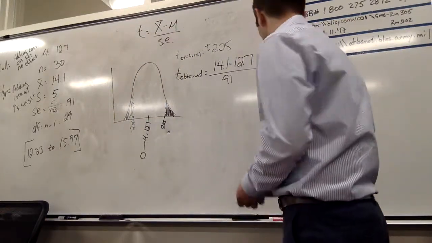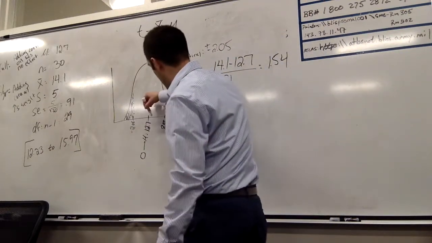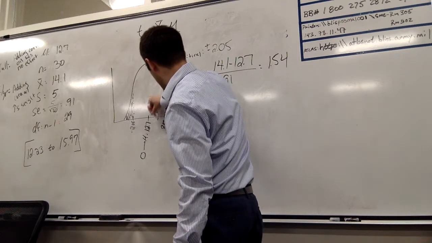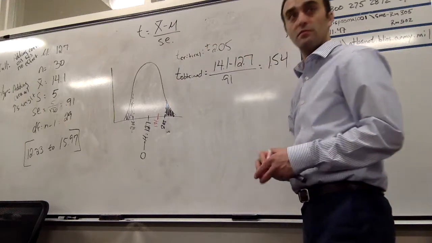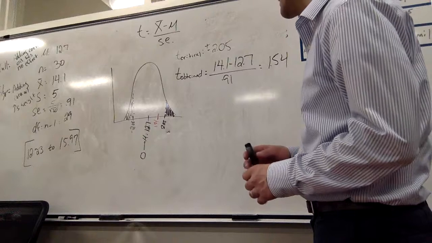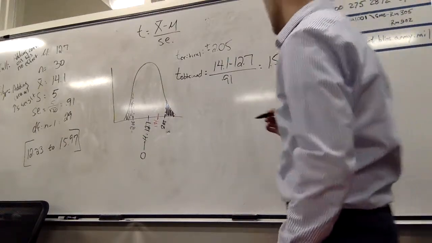1.54. Where does 1.54 now fall in your t-distribution graph? Somewhere between 0 and 2.05, so 1.54 in the white region. If your obtained does not land in the shaded region, if it lands in the white region, not statistically significant.